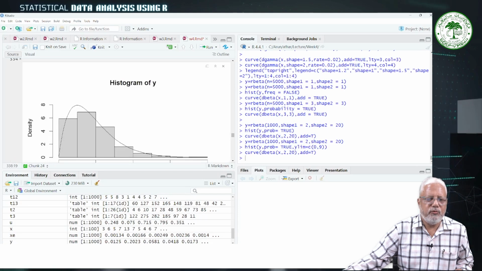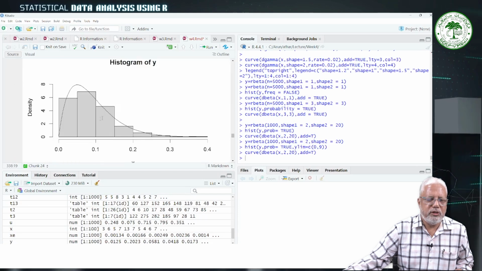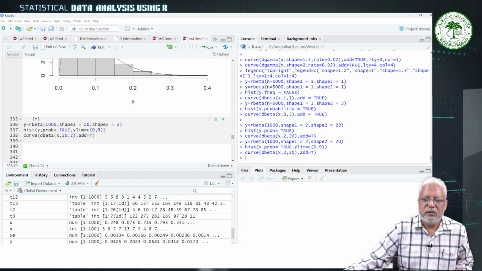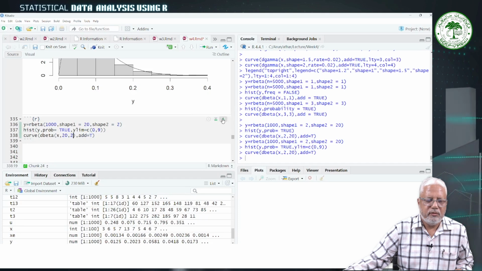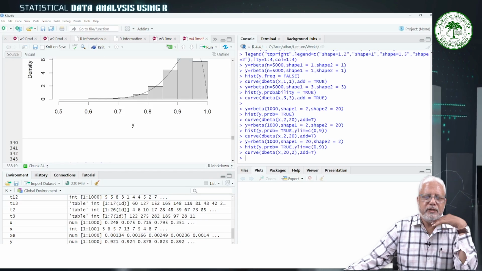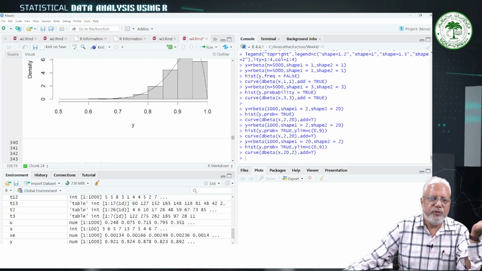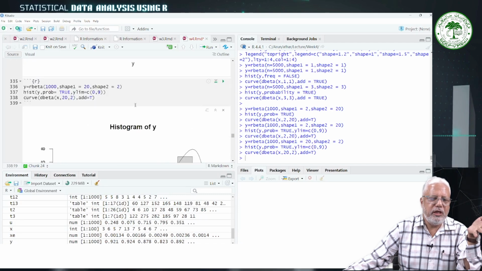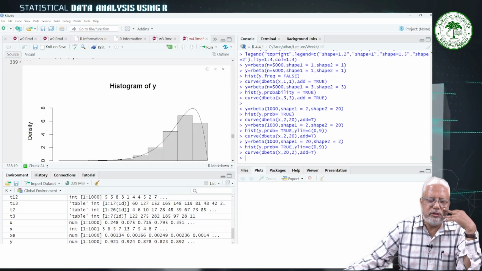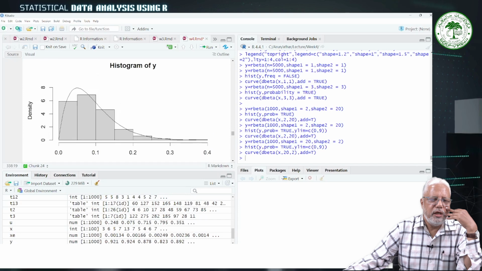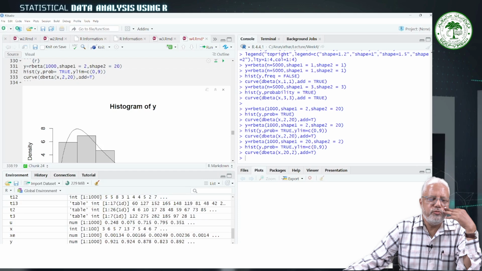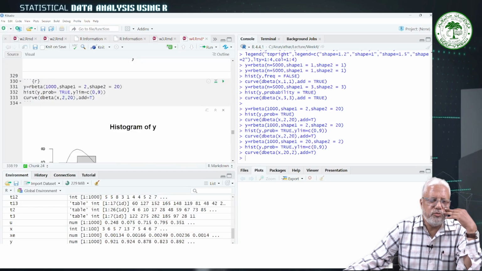Here, when shape 1 was 2 and shape 2 was 20, it is right skewed. And see what happens if shape 1 is equal to 20. See, it is left skewed. If shape 1 increases, it is left skewed, because here shape 1 is equal to 20 and shape 2 is equal to 2. Whereas if shape 1 is equal to 2 and shape 2 is equal to 20, it gets right skewed.